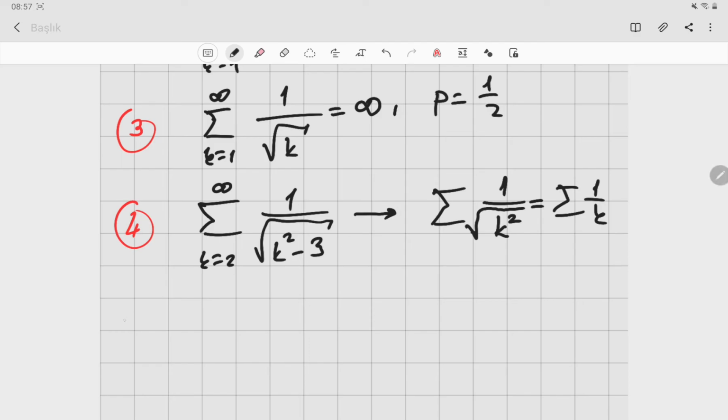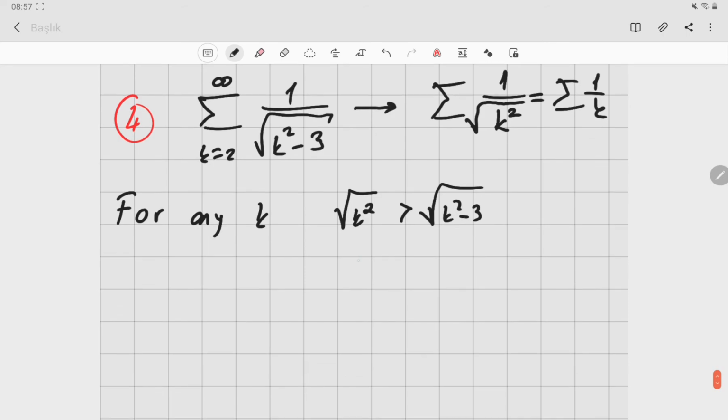Okay, for any k, square root of k squared minus 3 is smaller than, greater than, then if we have this inequality, then we may write here, yes, this one.